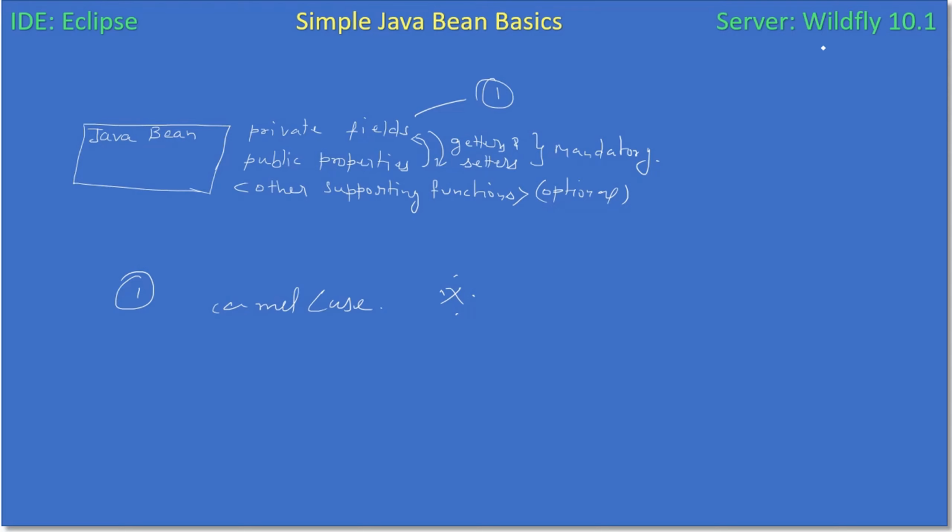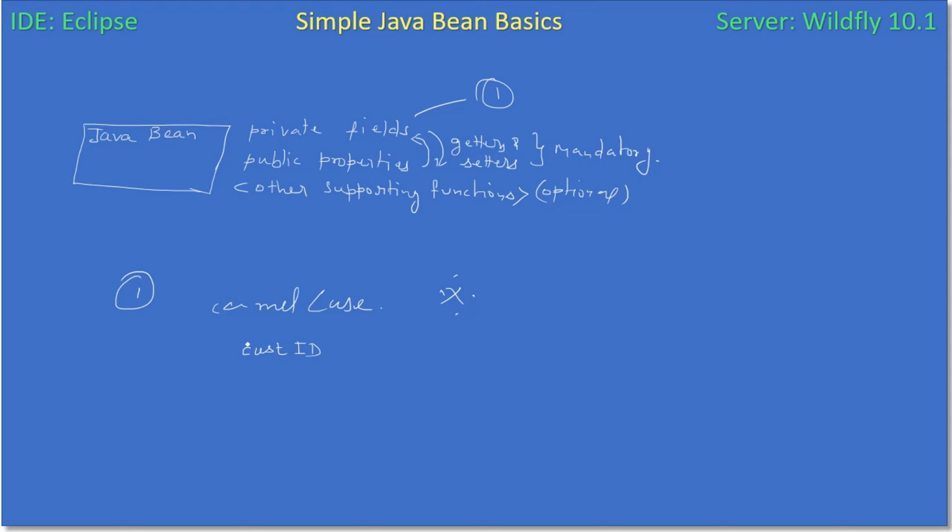Here we are using WildFly, so WildFly expects the field to be camel case. For example, if we want to use a field called customerID, the c should be lowercase, cust, customer. Then after that you can use uppercase for the next word.